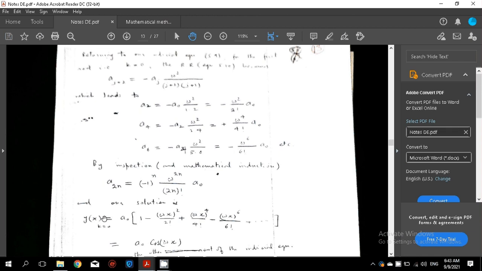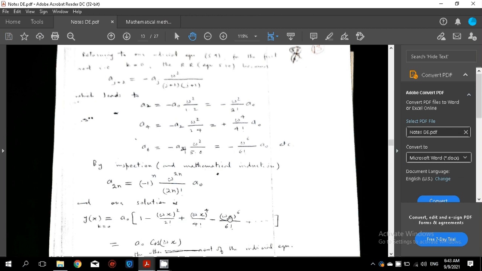So your first solution will become, by putting these coefficients into the assumed infinite series, the Frobenius series, and that solution is written here. This solution is obtained by putting the first root k equal to 0 of the indicial equation.